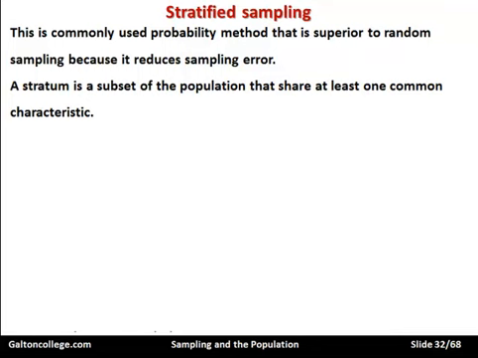If we had stratified sampling amongst people, amongst the general population of people, then we might want to make sure that males and females are included. If it's random sampling, it could be coincidental that just all females were selected or all males were selected, and therefore the results could lead to considerable bias or error in the sampling procedure.